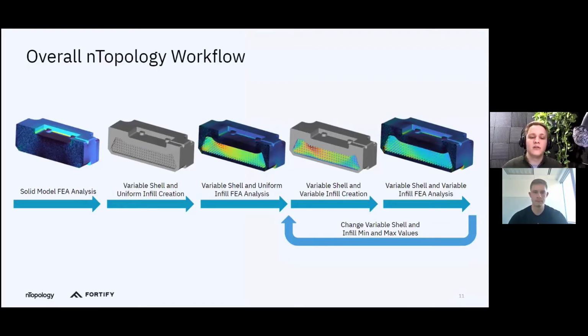The next thing I'm going to do is create a variable shell and a uniform infill. And I'll get into a lot more detail in this, but I'm going to variably shell my geometry, and I'm going to infill it with a uniform lattice, uniform unit cell size, uniform beam thickness. I'm going to take that, I'm going to run a FEA analysis on here. So I'm on the middle image here, I'm right here, variable shell and uniform infill FEA analysis.